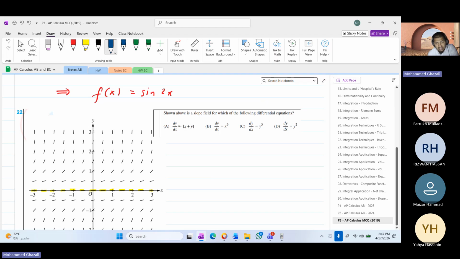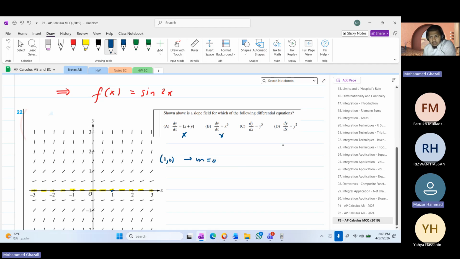If I substitute in 1, 0, then I'm getting 1. So A can't be the answer. I'm just basically substituting 1, 0 in here. And B will be wrong too, because I'm just taking a simple point, 1, 0, and I'm checking if the slope is actually 0. What is slope? dy/dx. Let's try. Okay, C will be correct.